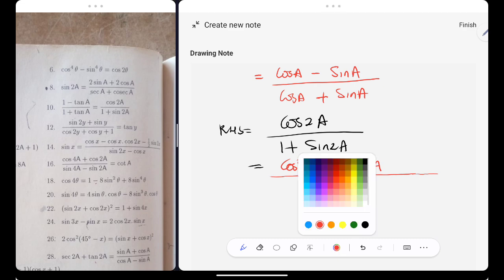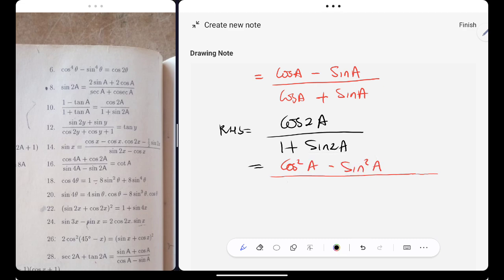Remember that 1 can be written as cos squared A and sine squared A together.